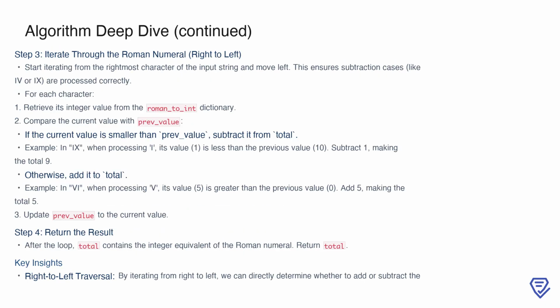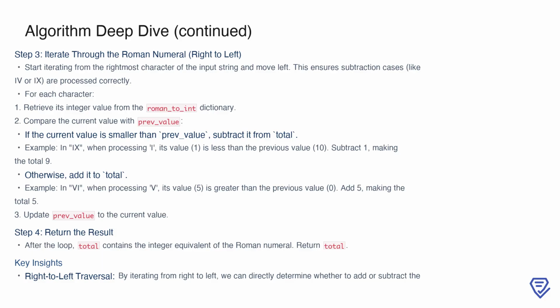Now that we have our Roman numeral to integer mapping and initialized variables, we can begin processing the input string. To correctly handle the subtraction cases, we iterate through the Roman numeral from right to left. This ensures that smaller values preceding larger values, like in IV or IX, are handled properly. For each character in the string, we retrieve its integer value from the dictionary.